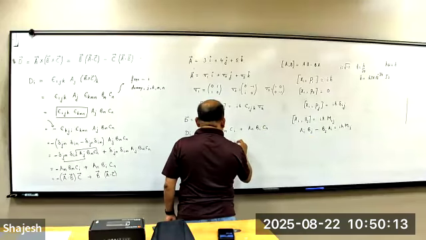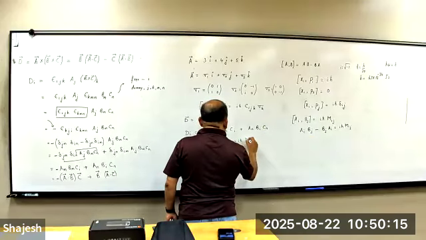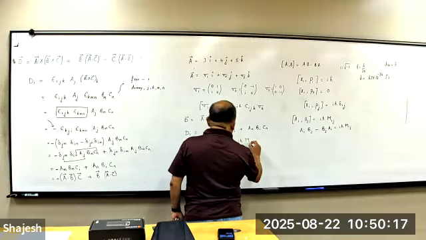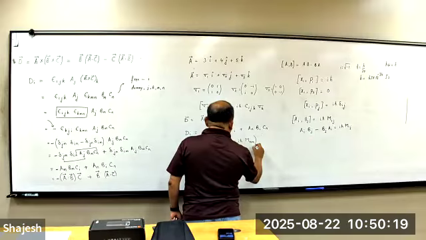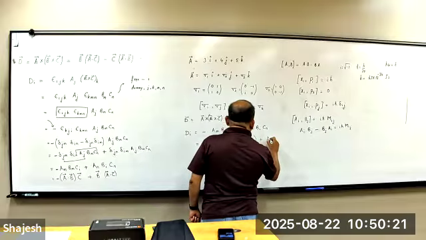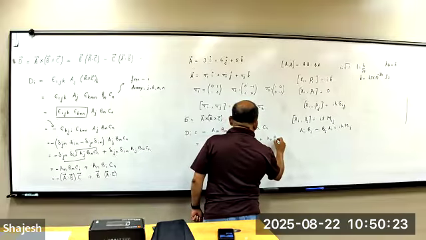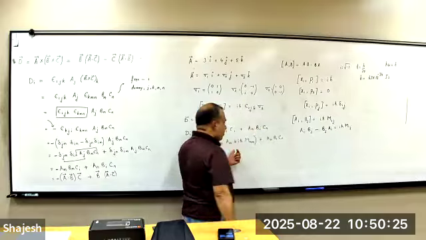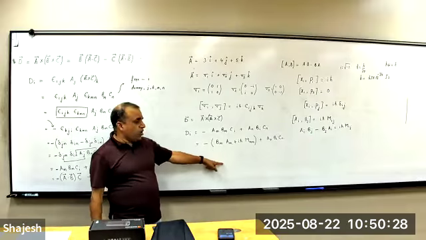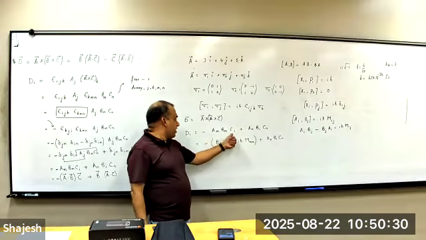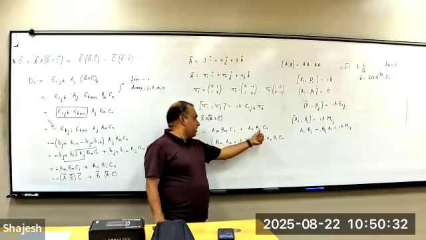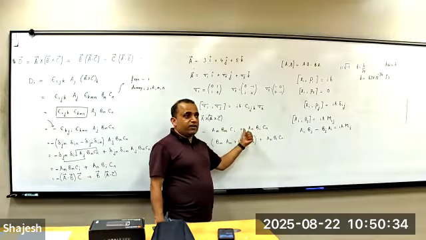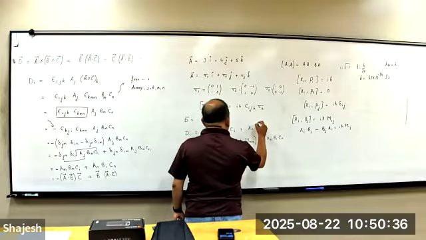I took it to the right side, so it is plus i h bar times, i and j are the same, so it is M, plus A_n B_i C_n. And I have to keep processing that until I get C on the left hand side and B on the left hand side. So I have to swap this once.